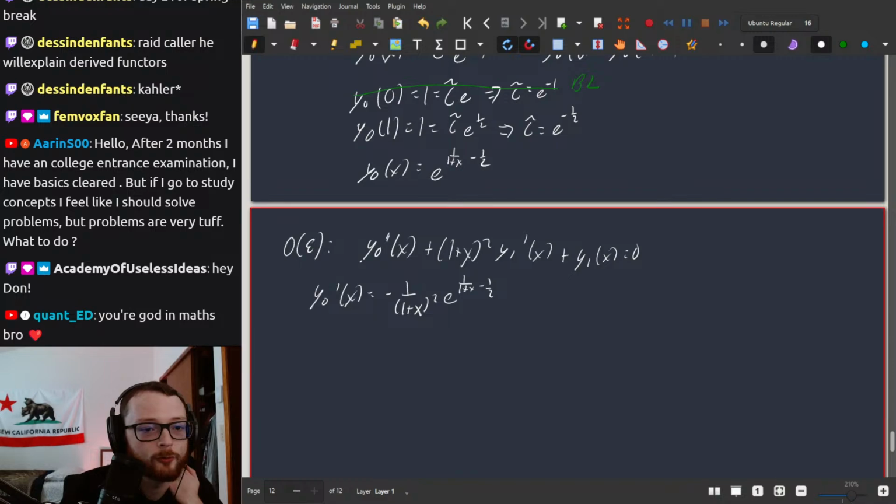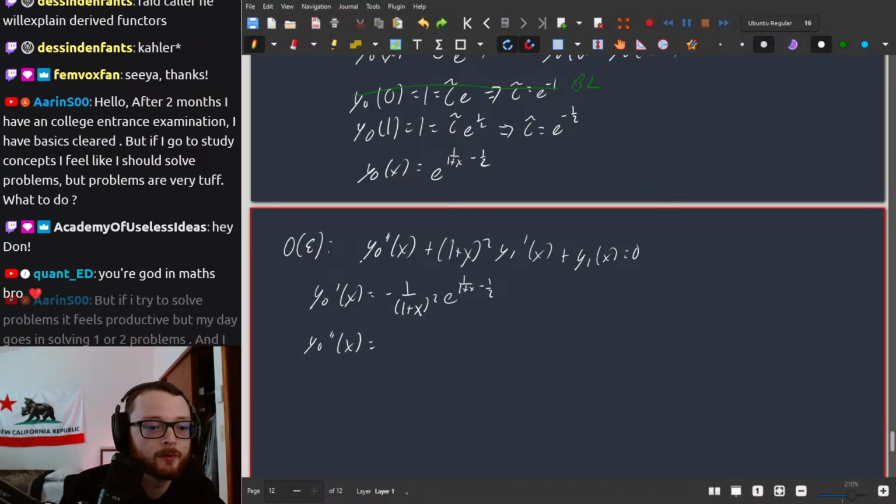These problems are the worst. Y0 double prime. So now we have a product rule to do here. Derivative of this thing.